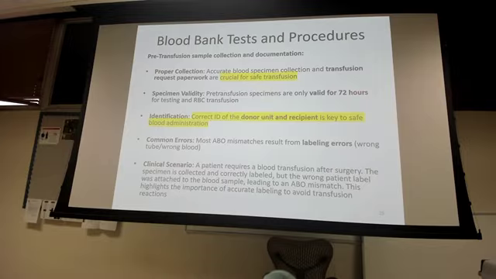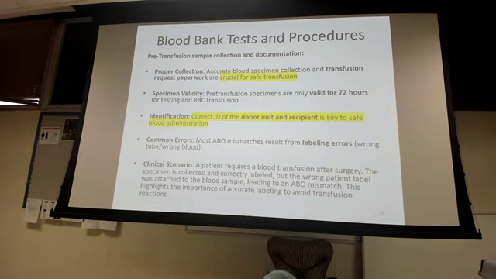But if not an emergency situation, you're getting somebody prepared for surgery, you do want to ensure that proper collection is done. So you want accurate blood specimen collection. You want to make sure your paperwork is correct. You want to make sure that the specimen is valid. A lot of times, pre-transfusion specimens, and what I mean by that is all those labs that you collect prior to transfusing a patient are usually only good about 72 hours.